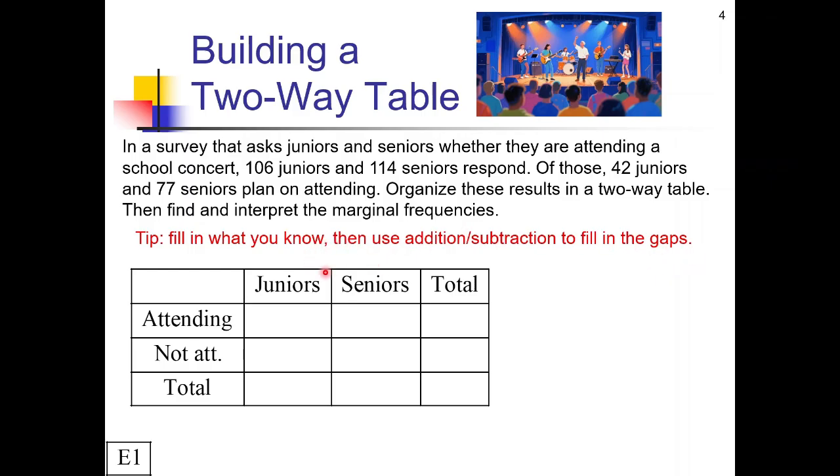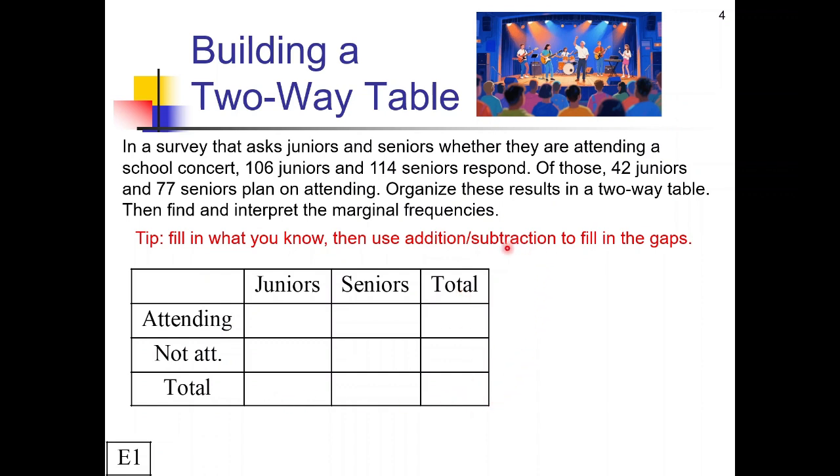If you know this value and you know the total, you could use subtraction to figure out this missing value in between. Or you could add these up to find the total. So pause the video and give it a shot. Once you're done, they also want you to find and interpret these totals, these marginal frequencies. What do these numbers actually mean in real life? Give it a shot.